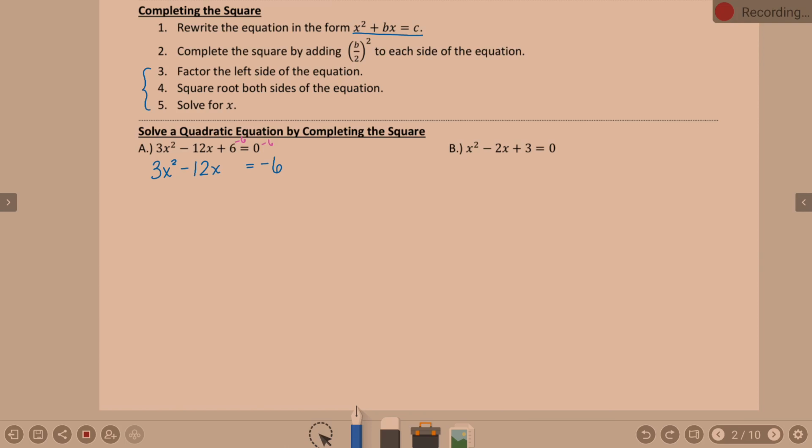I heard talk of the other step, because right now, am I x squared plus bx equals c? No, right now I'm ax squared plus bx equals c. Are we allowed to have an a value here? No, the only value you're allowed to have there is 1. So, I heard divide by 3.